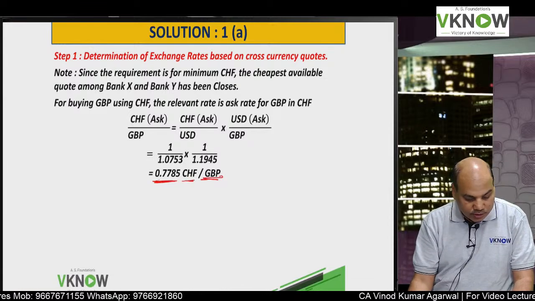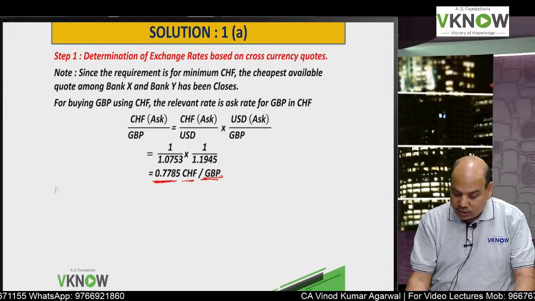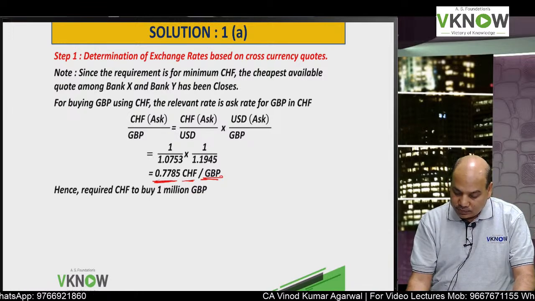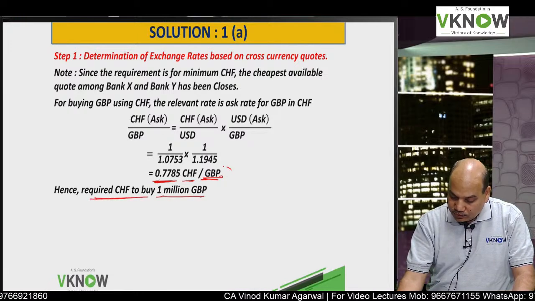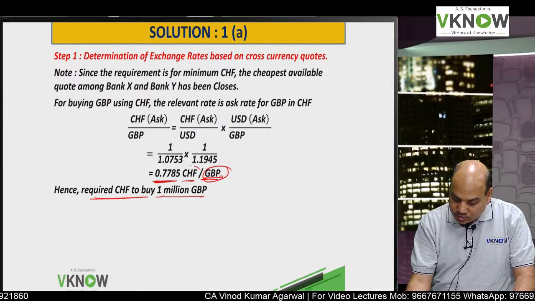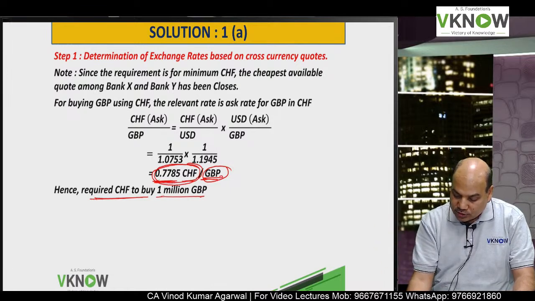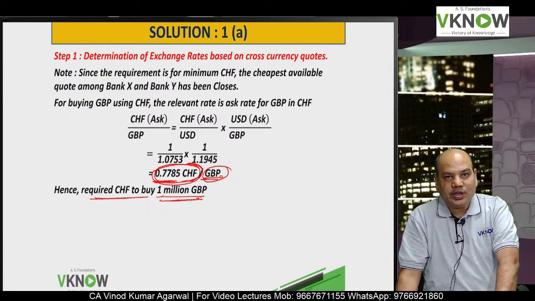The question is, if you want 1 million GBP, how much CHF would be required? 1 GBP needs 0.7785 CHF. 1 GBP is equal to 0.7785 CHF. 1 million GBP is equal to how many CHF?